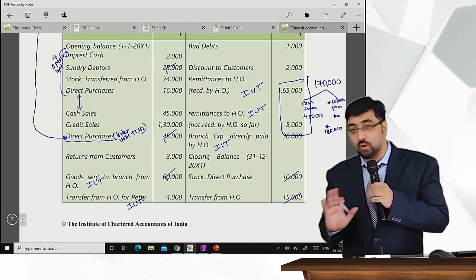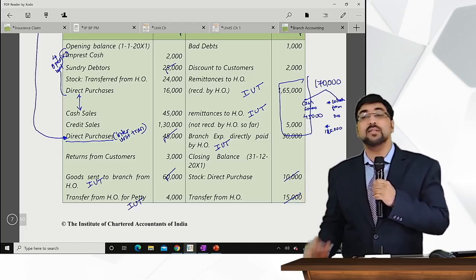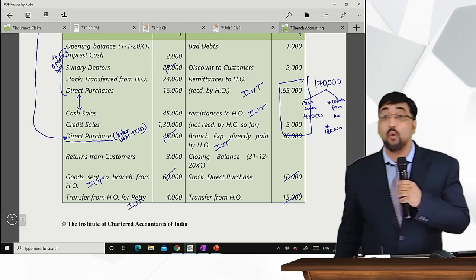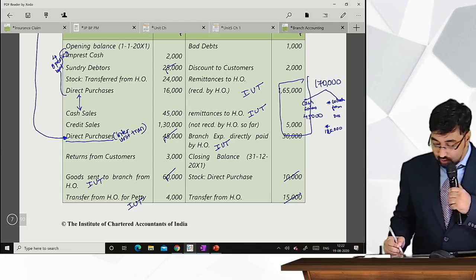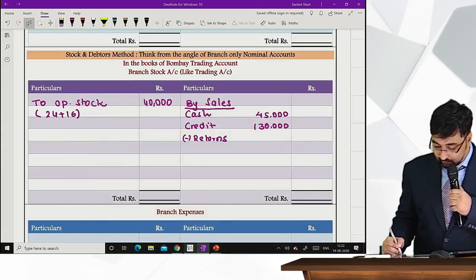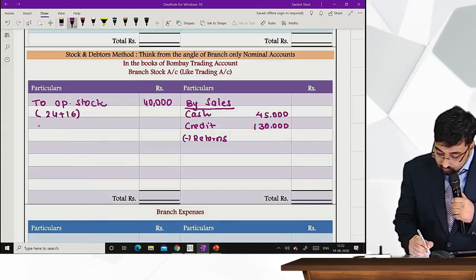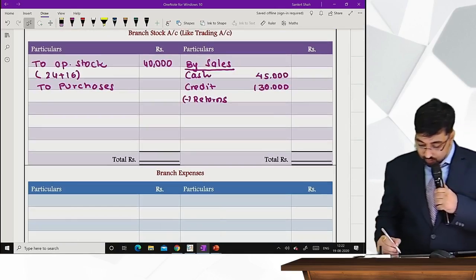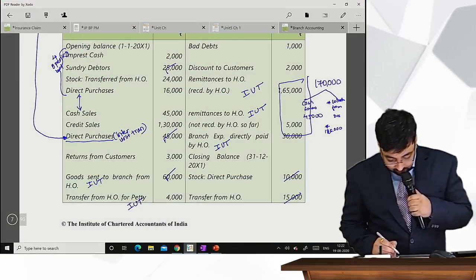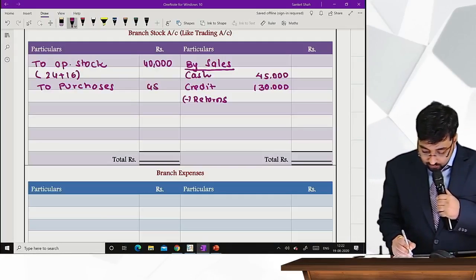HO we have not opened. Instead of preparing purchases, we have opened the branch stock account. So in branch stock, you can write to purchases. What is the amount? 45,000.